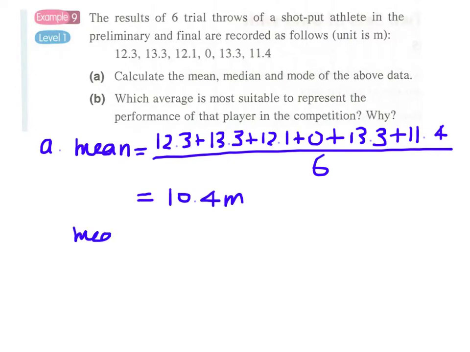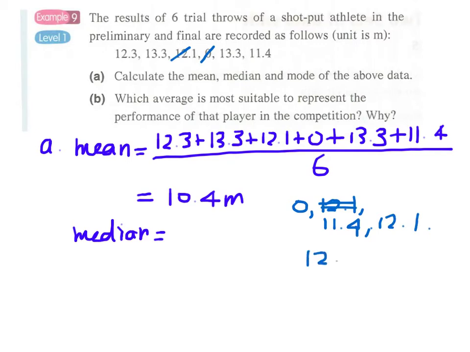And the median will be the number at the middle. Therefore, we can arrange the numbers in ascending order first. We have 0, 0, 11.4, 12.1, 12.3, 13.3, 13.3.